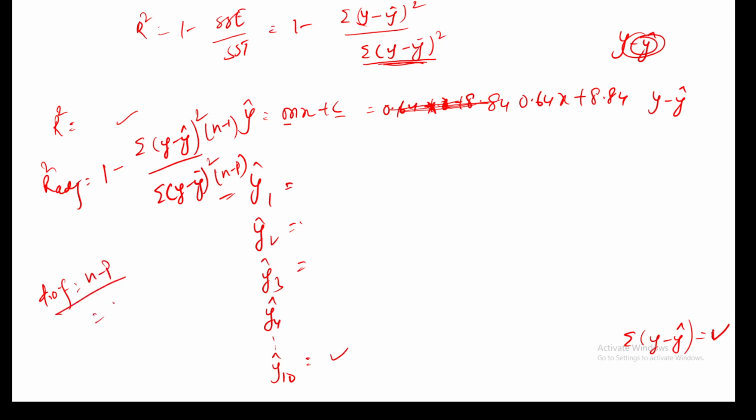We have n 10 minus 2, it will become 8. This one is already SST, so we don't need to calculate. We have already calculated this, it is the SSE. Any doubt in this part?